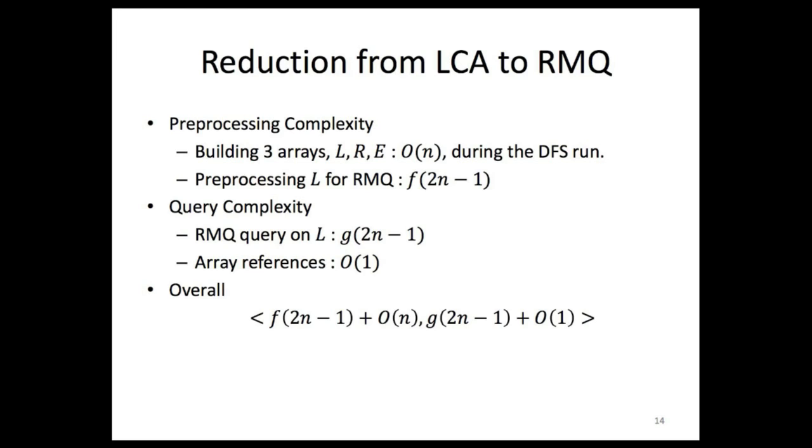So what we finally get to is this expression, and this sort of forms the basis of our further discussion. The rest of the stuff is leaving LCA and saying that whatever is the solution of RMQ, we can plug that solution into this expression, and we'll get the complexity of the LCA problem.